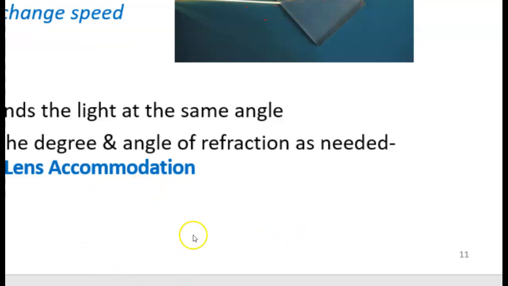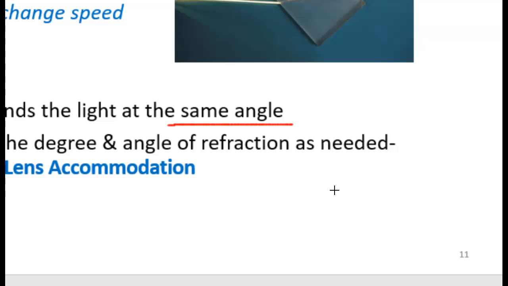So we have two different structures in the eye that can perform refraction, bend light rays. One is the cornea and the other is the lens. The cornea is static. It never changes the amount that it bends the light rays. Always the same angle, always. And that's because it doesn't change in thickness or consistency or anything.